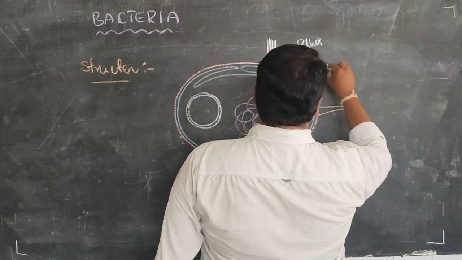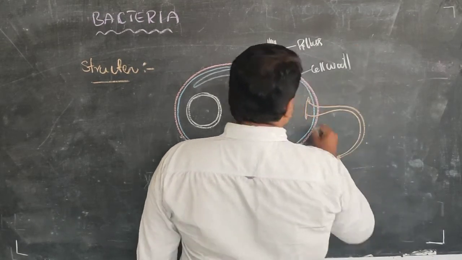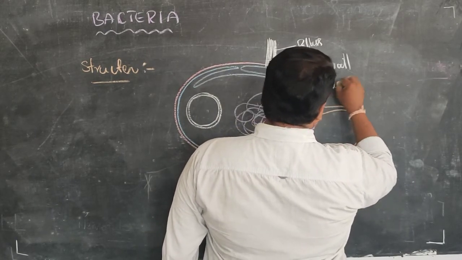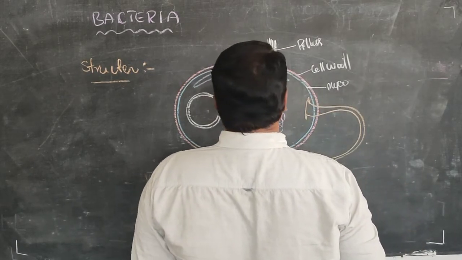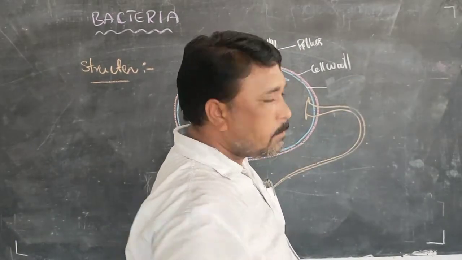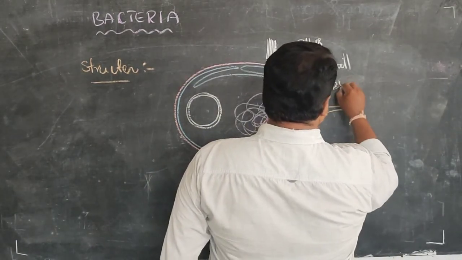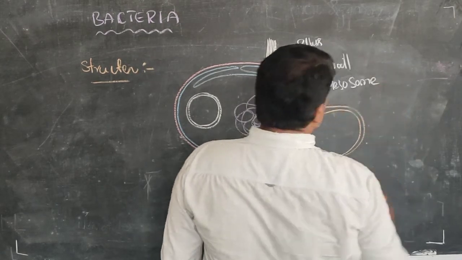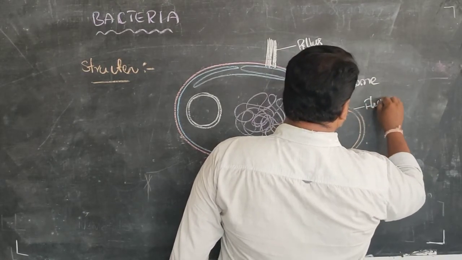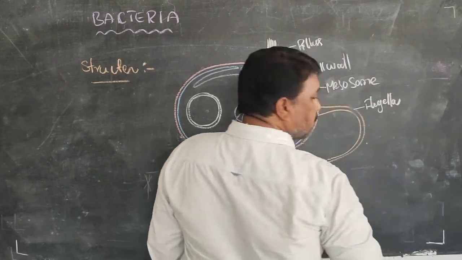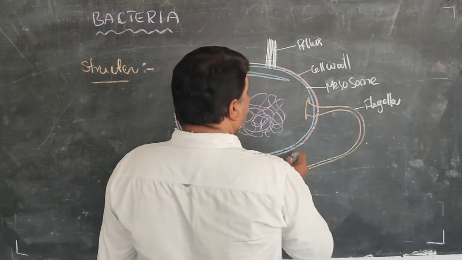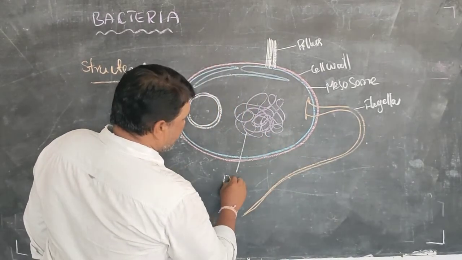So it is pilus, cell wall, mycoplasma, mesosome, sorry. Mesosomes, flagella, pilus, cell wall, mycoplasma, mesosome, flagella, double-stranded DNA structure.